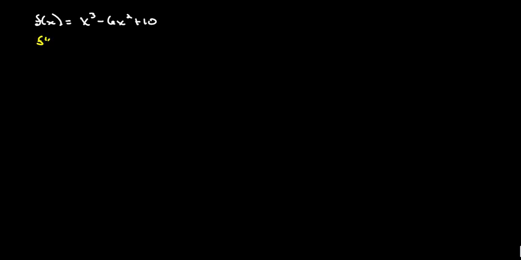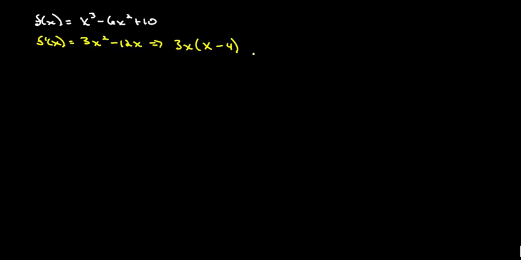So f prime of x, the first derivative, is 3x squared minus 12x. Okay. And so let's get our critical points. That is going to be 3x times x minus 4, like that.